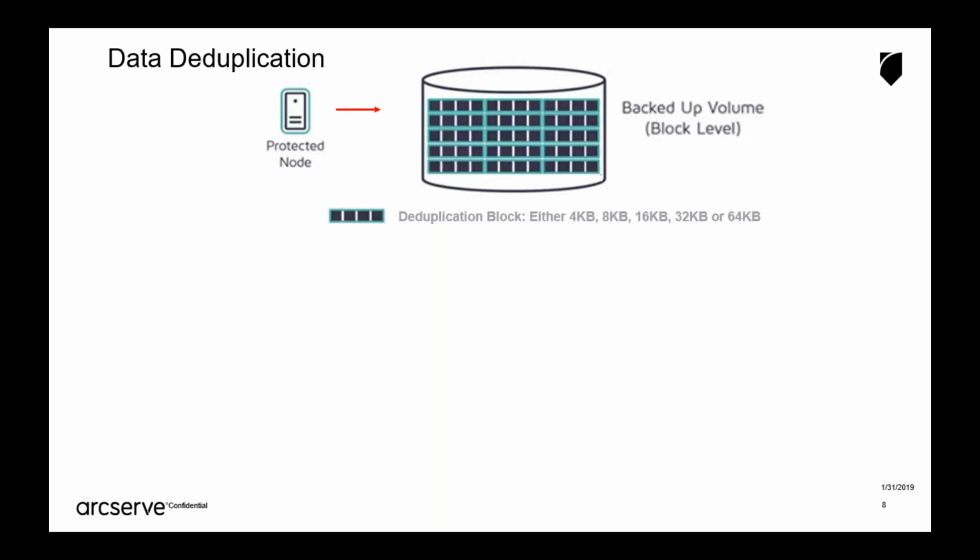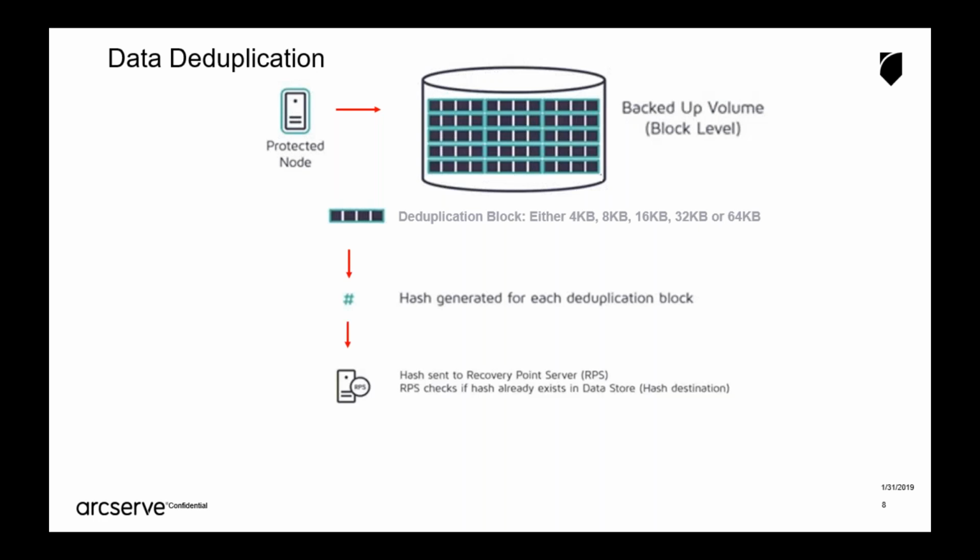And now it is going to keep those blocks in different sizes, which can be 4K, 8, 16, 32 or 64, depending on the deduplication required. Now for those dedupe blocks, it is going to generate a hash for each data block, and it is going to store it on your recovery point server, which is on the data store, which is nothing but the hash destination.